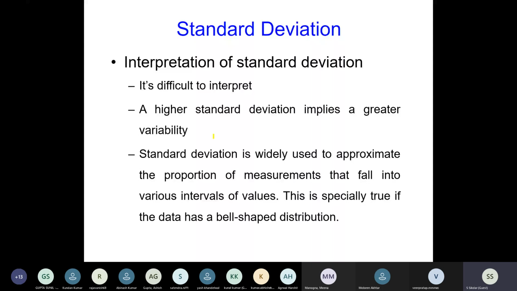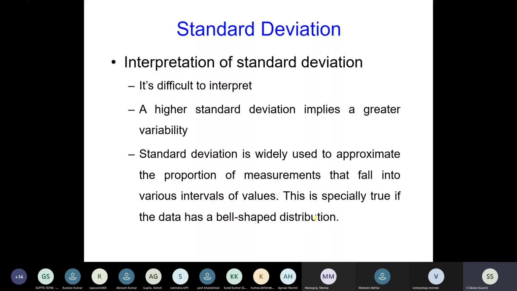And standard deviation is widely used to approximate the proportion of measurements that fall into various intervals of values. It happens for data if the data has a well-shaped distribution. Basically it tries to cover all sorts of data.